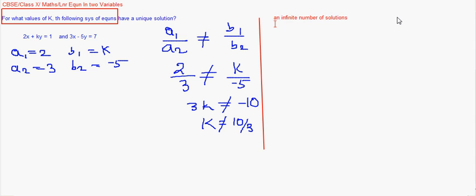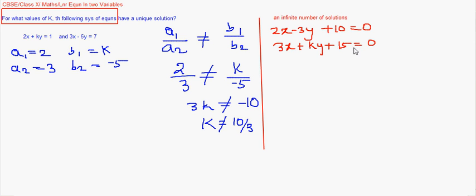The given equations are 2x minus 3y plus 10 equals 0, and 3x plus ky plus 15 equals 0.